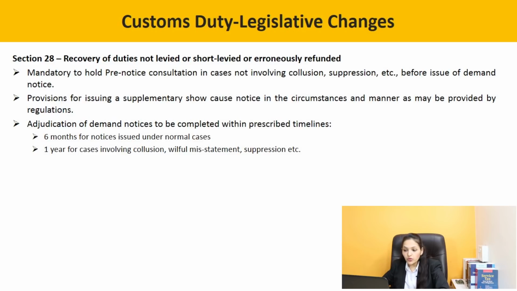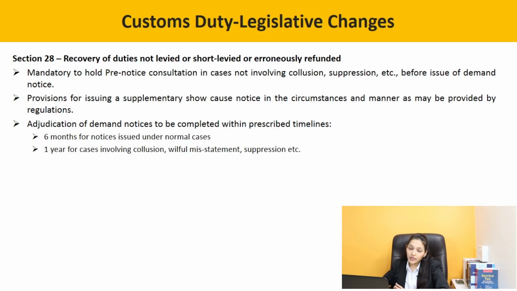Six months for notice issued under normal cases, that is, the cases not involving any fraud, suppression, etc., and 1 year for cases involving collusion, willful misstatement, suppression, etc. It is a very good move by the government. Earlier, the government took too long to even adjudicate the show cause notices.